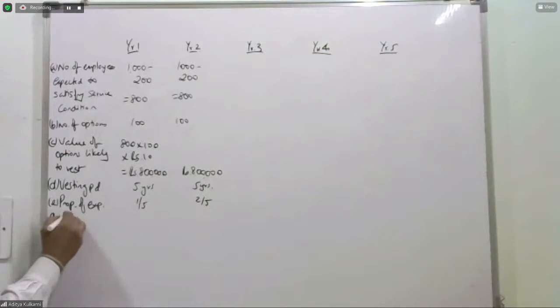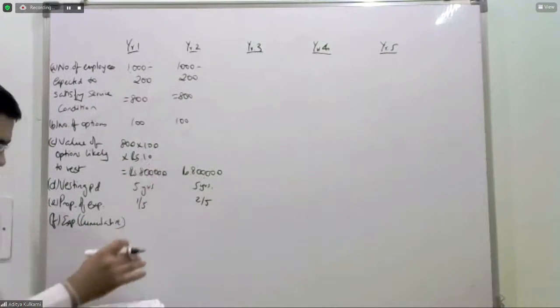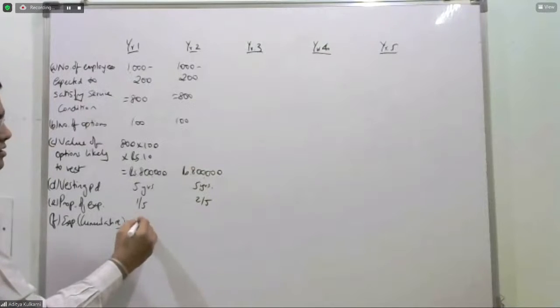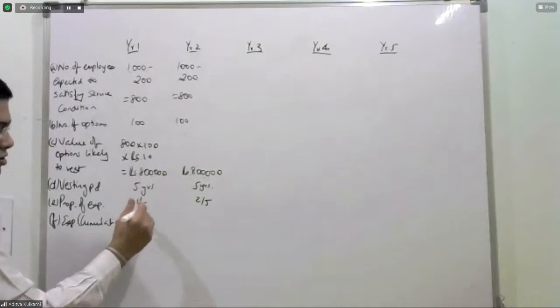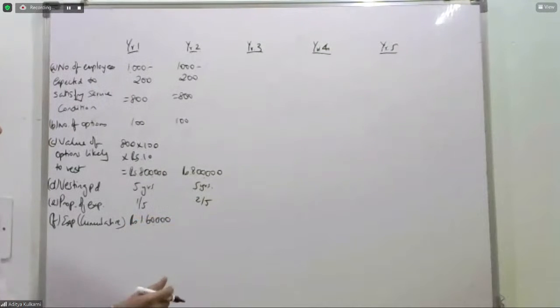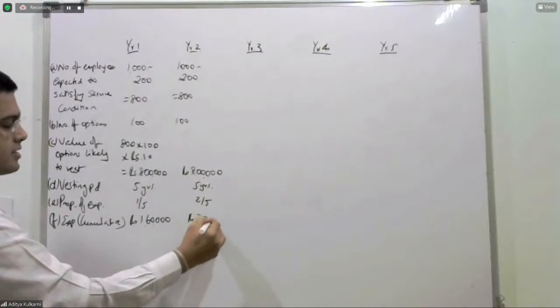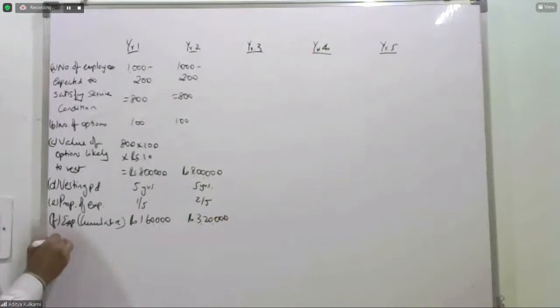So expenditure cumulative: for the first year, 8 lakhs divided by 5, so that will be 1,60,000. 8 lakhs into 2 by 5 will be 3,20,000.